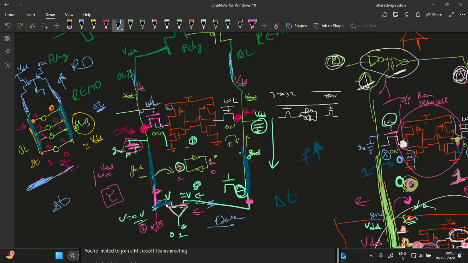So this one is close to VDD, and this one is actually VDD. And let's say one is stored here, and on the left side you have 0.